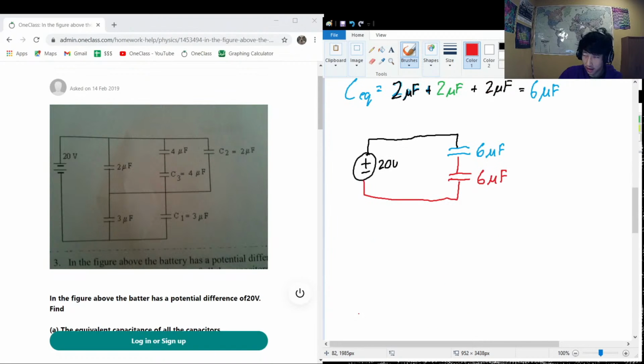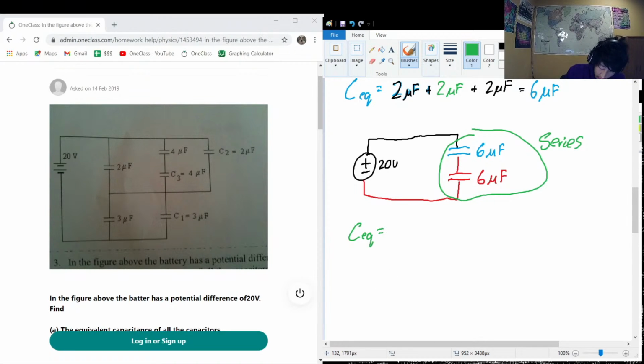As you can see now, we can hopefully very clearly see that this is a series situation. So our CEQ of our whole circuit is going to be 1 over 6 microfarads plus 1 over 6 microfarads, all inverse, and since they're the same, we know that it's just going to be half. So that's going to be 3 microfarads.